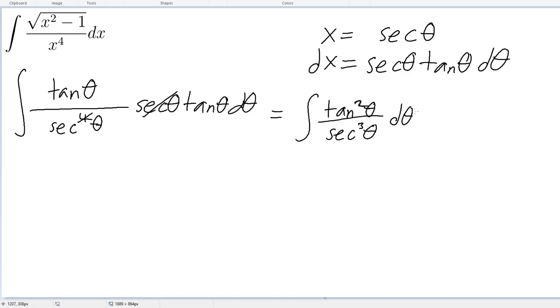Okay, so what do we do now? Well, you can simplify this. To make it easier for yourself, you can turn it into sines and cosines. Tangent is sine over cosine, so because it's tangent square, it's sine square over cosine square.